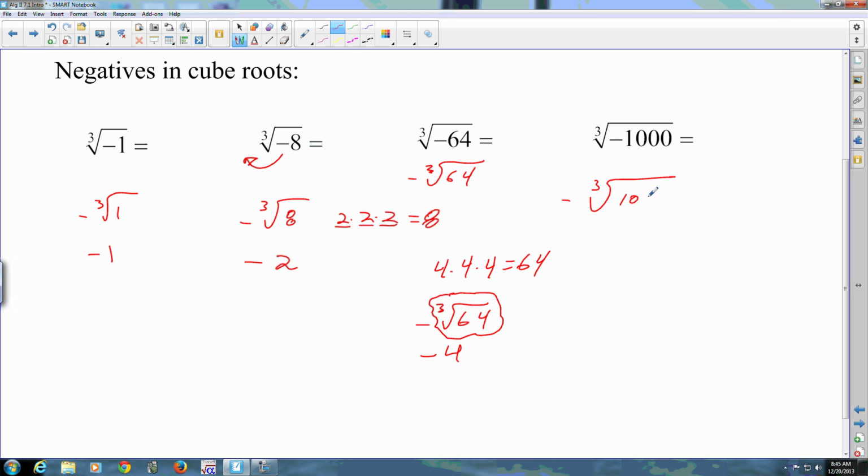What times itself 3 times is 1,000? I'm hoping you recognize 10 times 10 is 100. And then 100 times 10 is 1,000. So 10 cubed is 1,000. So this would be negative 10. Okay? When you have a negative inside an odd root, the negative just pops out.